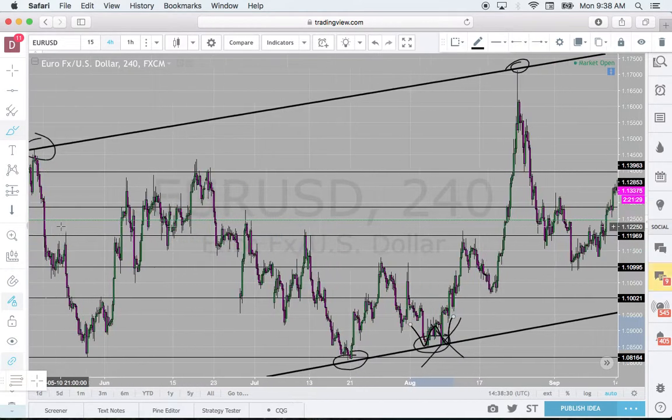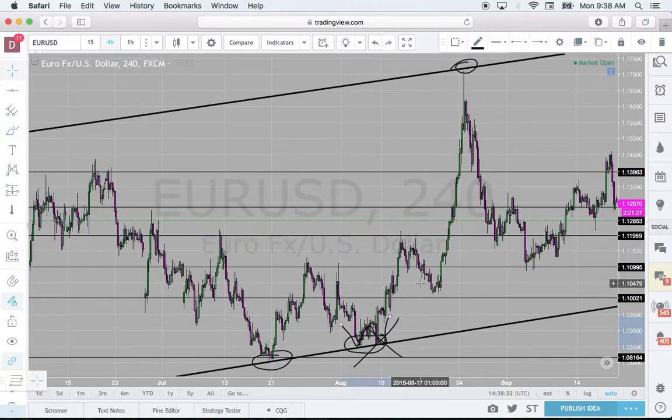But what do we have here? We have 1, 2, 3, 4, 5. And we could probably keep going. But for right now, we have 5 support lines that price will need to break before even reaching where we are expecting it to reach.